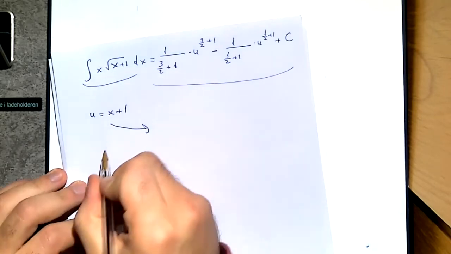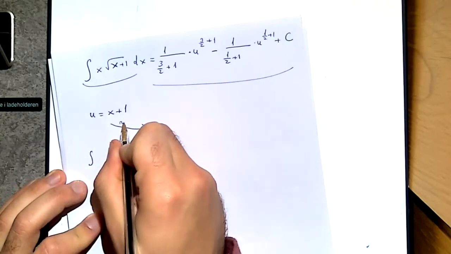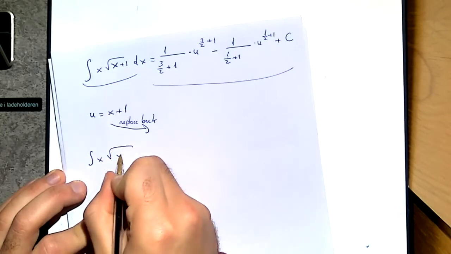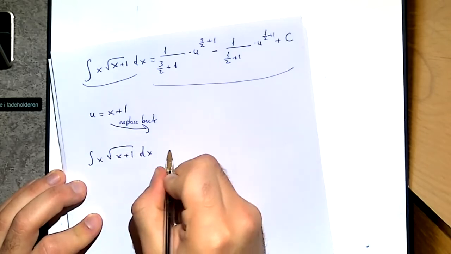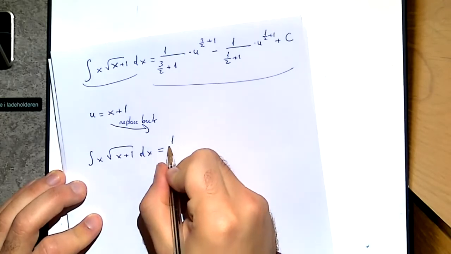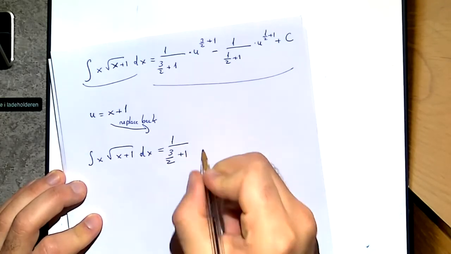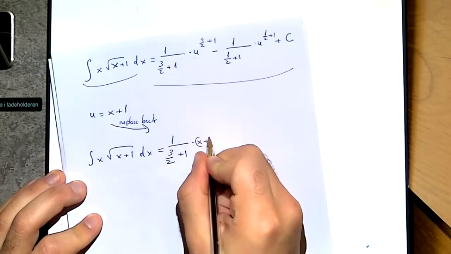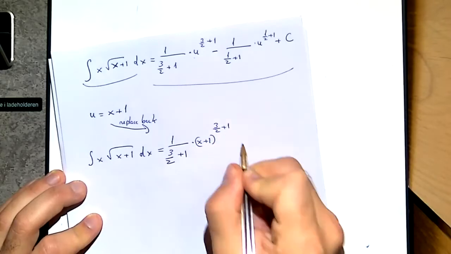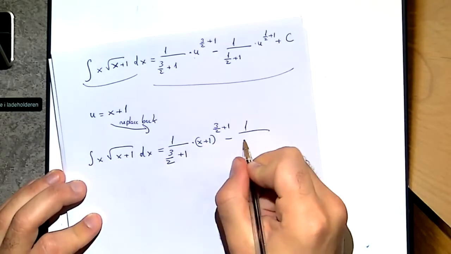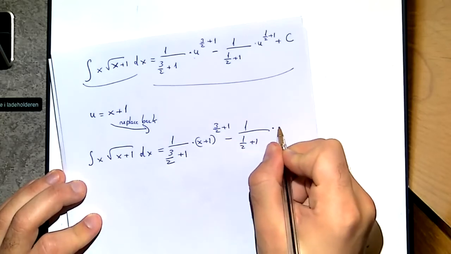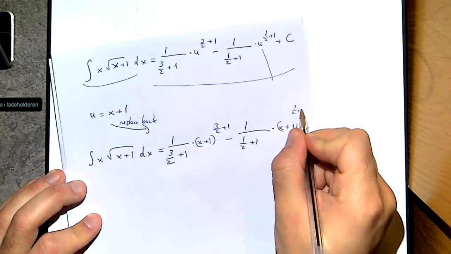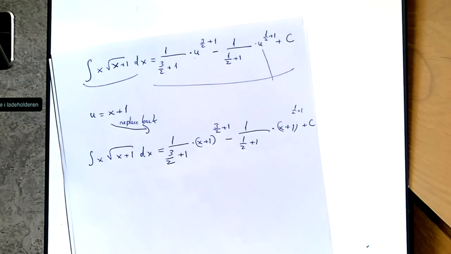I replace back, and I get that the integral of x square root of x plus 1 dx is equal to 1 over 3/2 plus 1 times, I had u here, so it's just (x plus 1)^(3/2+1), minus 1 over 1/2 plus 1 times (x plus 1) again, because it was a u here, to the power 1/2 plus 1, plus a constant. And now you're done.